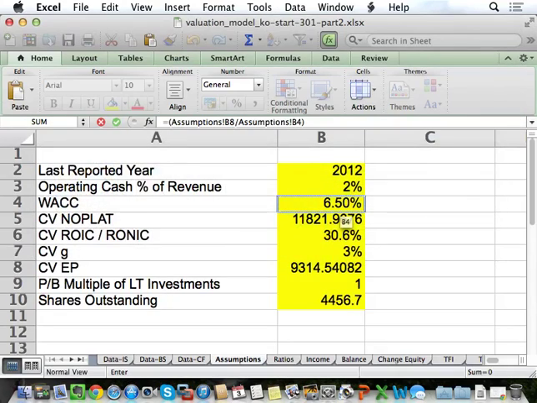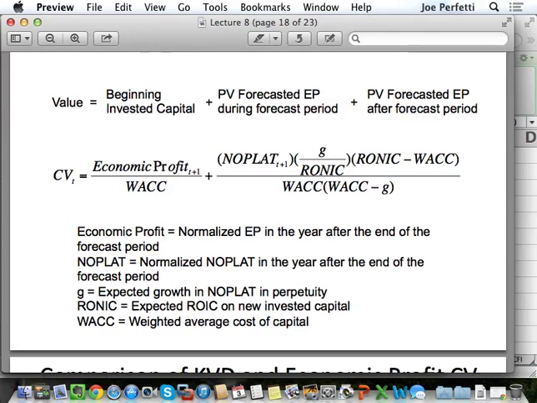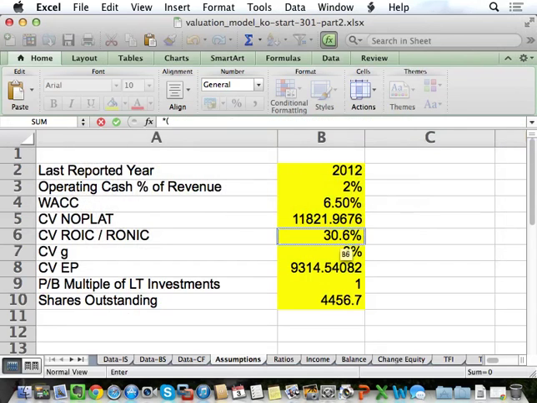And I'm going to add to that left paren, NOPLAT times left paren growth divided by ROIC right paren times left paren ROIC minus WACC right paren divided by left paren WACC times left paren WACC minus G right paren.